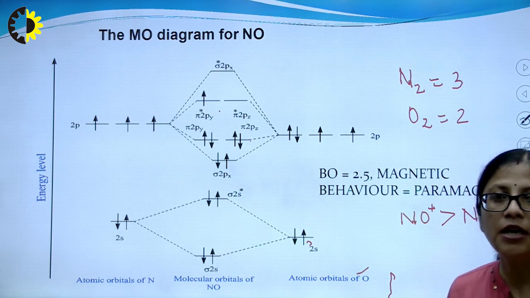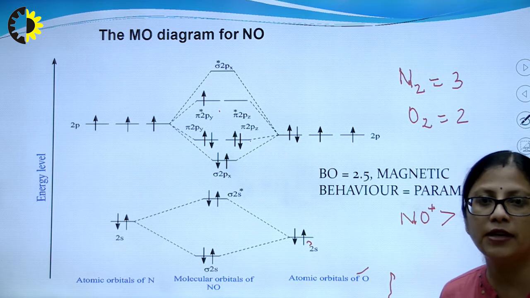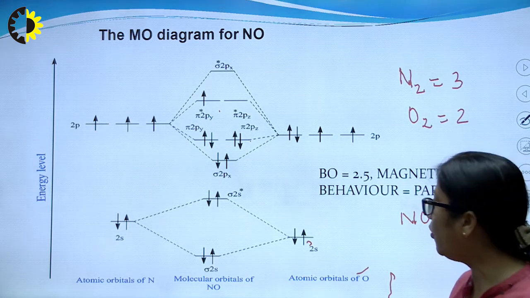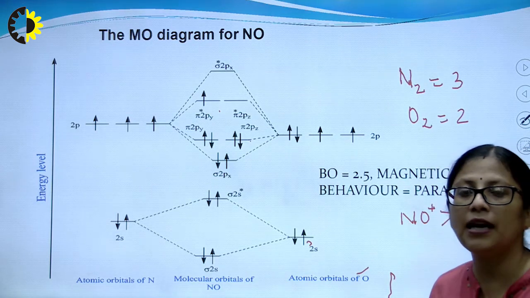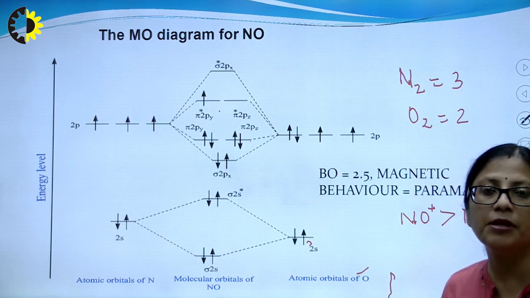As a result, the overall energy of the system decreases. Therefore, NO plus is more stable than NO.